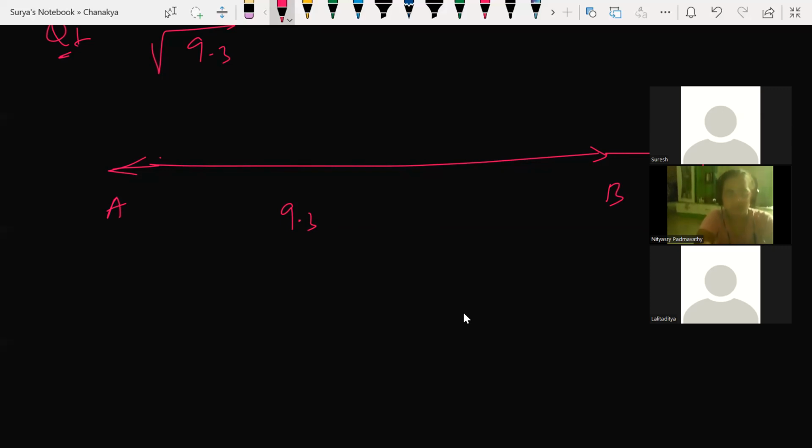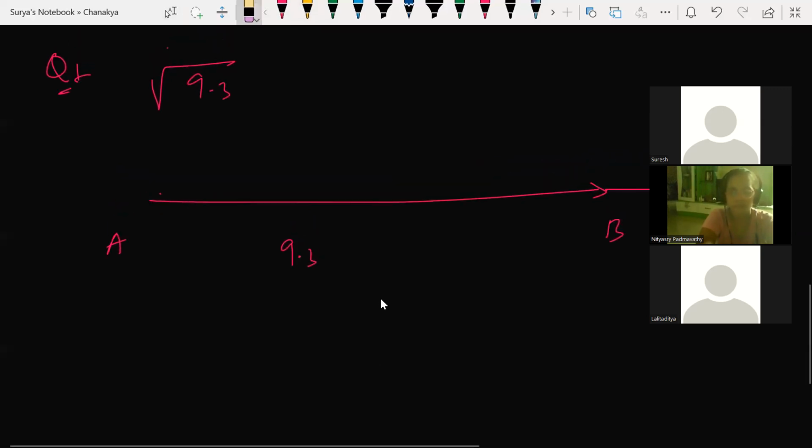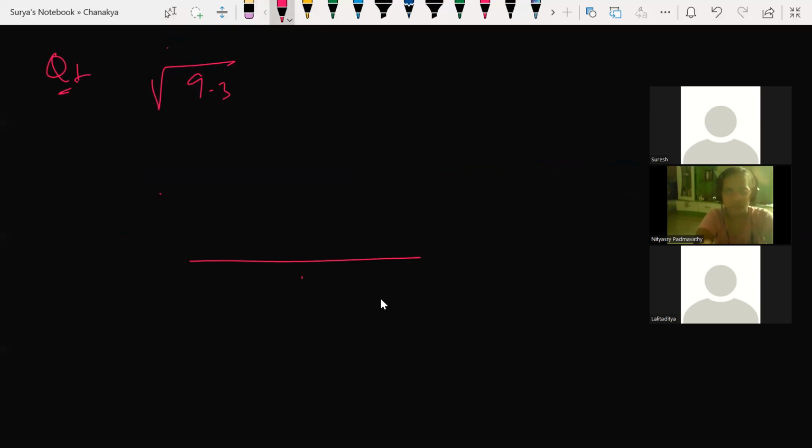Okay, let us draw a semicircle. I extended 1 unit. I shouldn't take this much length, since I cannot draw a semicircle easily; let me take a simpler length where we can draw it. This is my 9.3 length.